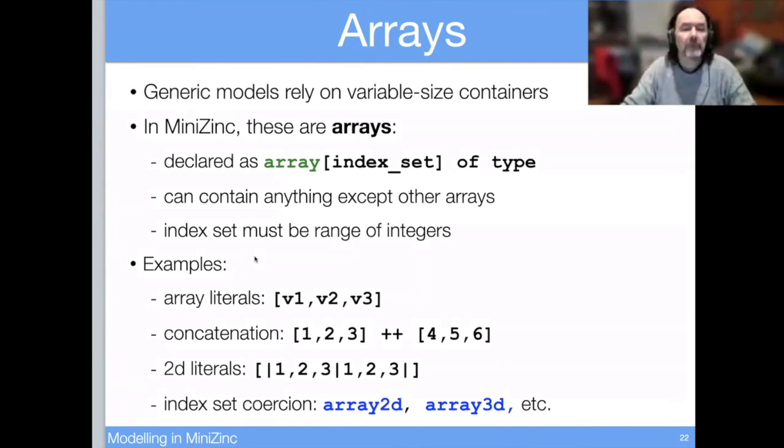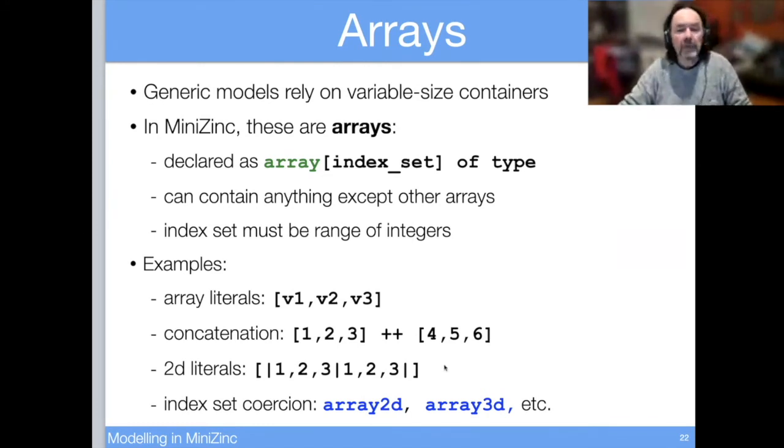So if I write this array literal here, v1, v2, v3, that's an array of length 3. The default index set of this is 1 to 3. If I build this array, I concatenate the numbers 1, 2, 3 to the numbers 4, 5, 6. The indexes for this array that I built from concatenation are 1 to 6.